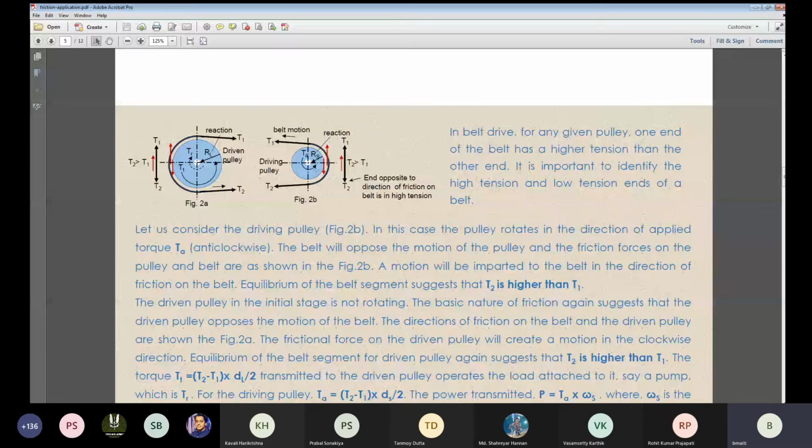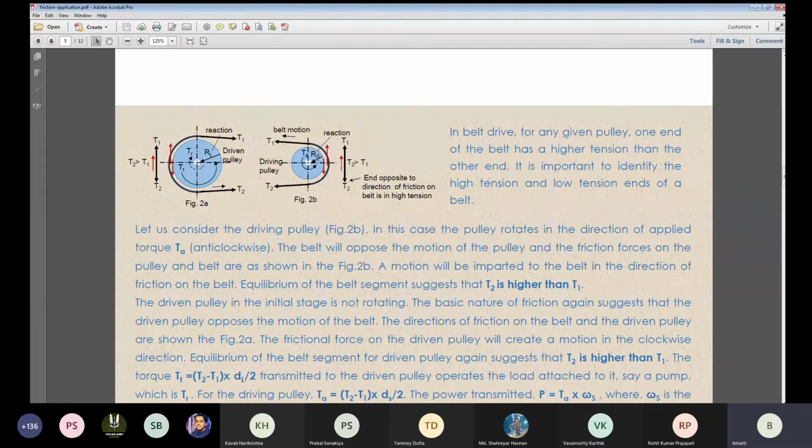No, it's absolutely wrong. The driving pulley is powered, it is rotating. The driving pulley is not at all stationary, it is rotated by a motor. A motor is attached to this driving pulley, so it is moving. Now the belt is stationary, and I just come and touch the belt.